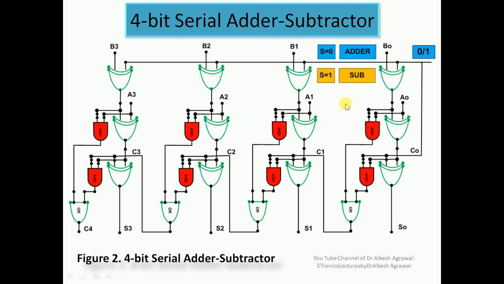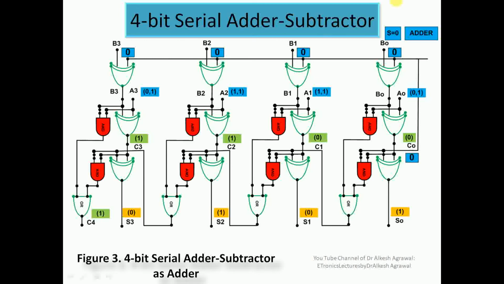Now we'll discuss in detail. So here the switch S is 0, so this whole circuit will act as an adder. You can see over here, when S is 0, since this input is shorted to this switch, we have 0 over here, 0 over here, 0 over here, 0 over here.